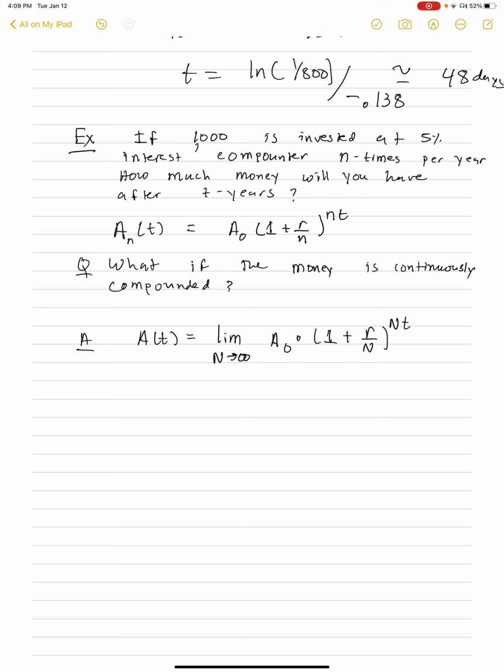And because A0 is a constant, we can take that outside. We can also do this.